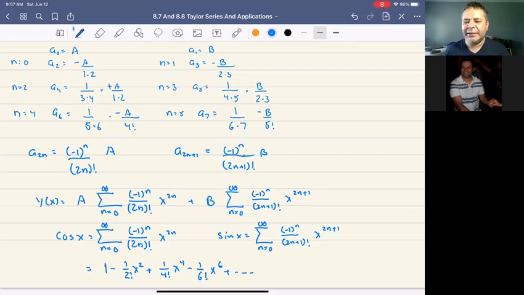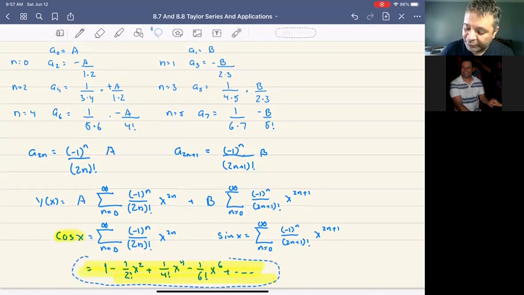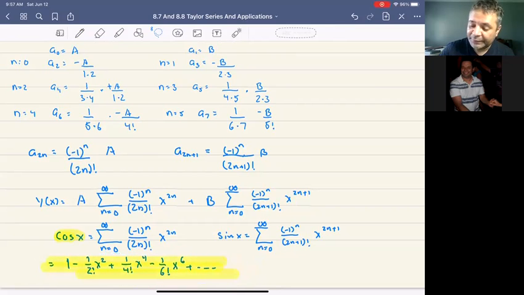So that is your cosine series. Again, one of those things that everyone passing Calc 2 should know, though not developed like this. Similarly, sine of x is x minus 1 over 3 factorial x cubed plus 1 over 5 factorial x to the 5th, like so.